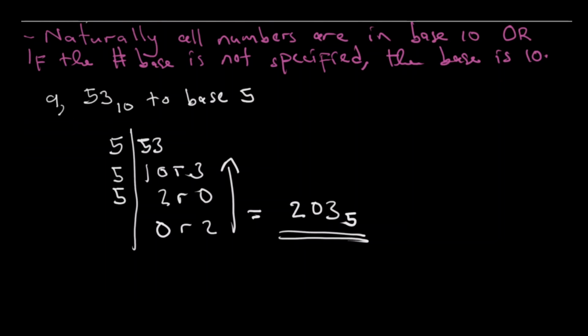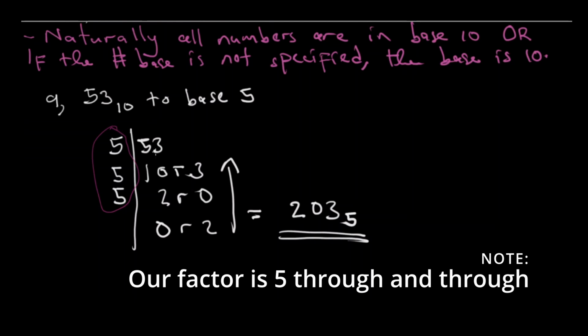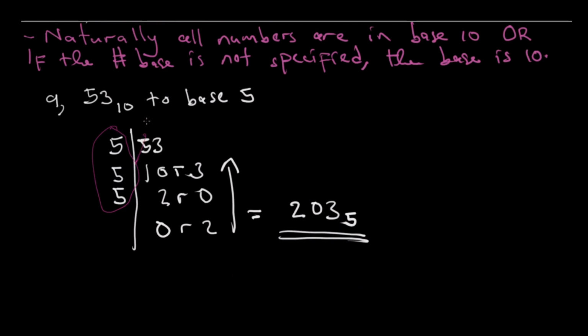Let us take a dive into it and try to explain things. So you see, our factor is remaining 5. We said 5 into 53, it's 10. 5 into 5, that's 1. Then 5 into 3, it's 0, and this is our remainder 3. 5 into 10, it's 2, because 5 goes in twice. 2 times 5 into 10, the remainder is 0. 5 into 2, it's 0. 5 cannot go into 2, and obviously the remainder will be 2.